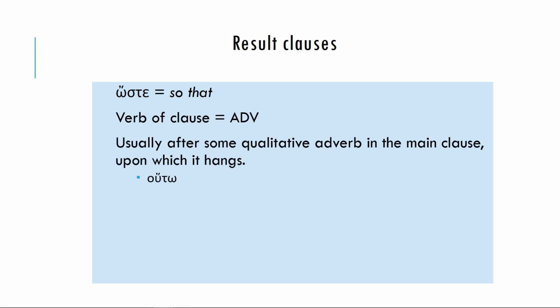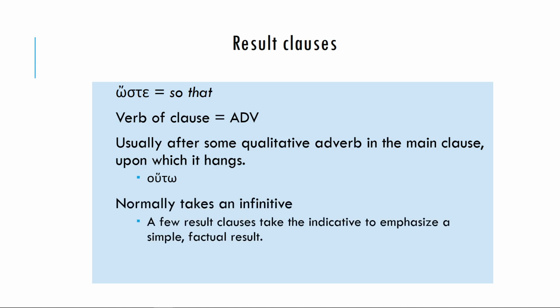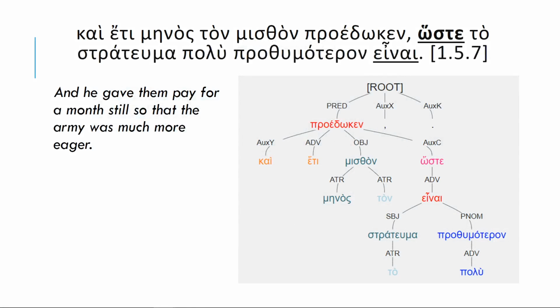It usually follows some kind of qualitative adverb in the main clause, like "thus" or "in such a way" or "such," and you hang it on that. Hōs is a very common one, just meaning thus. Normally, it takes an infinitive. Every now and then you get an indicative to emphasize the fact. So if you see hōste, you look for an indicative or an infinitive.